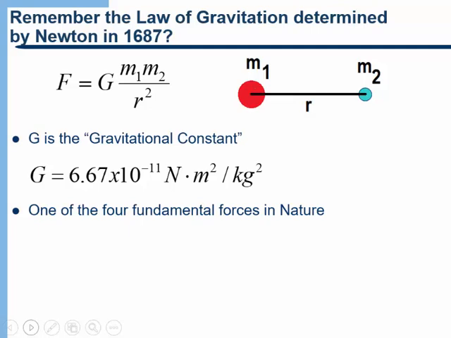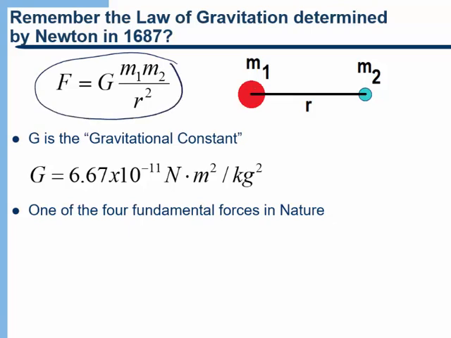Speaking of Newton, I want to just remind you of the universal law of gravitation. So we looked at this in first semester. We saw that the force that one mass exerts on another can be calculated by Newton's law of universal gravitation.